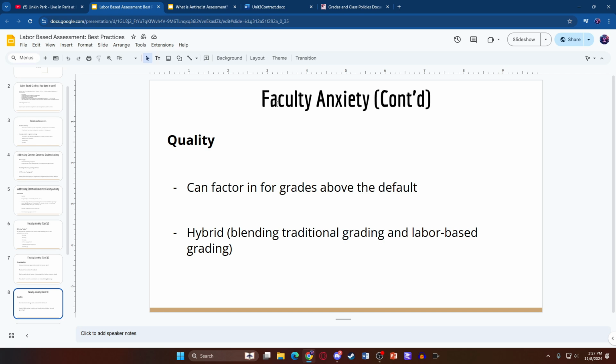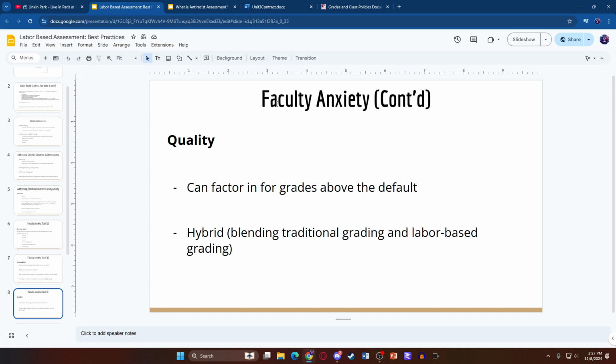Quality. Now, again, labor-based grading is about making things as streamlined for you as it is for your students. Quality can really factor in when you're talking about grades that are higher than the default or lower than the default, right? And something that I like to articulate in my labor-based grading contracts is I know when you've put in sufficient effort, right?